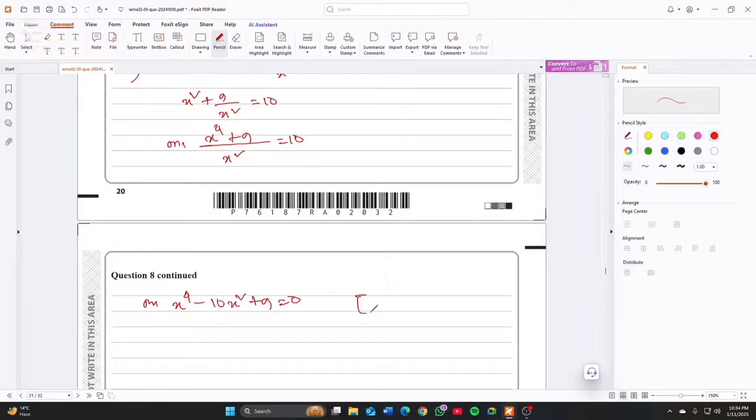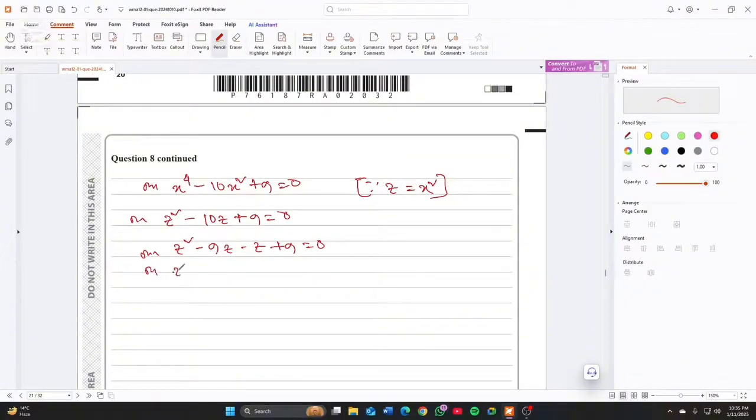So in place of x squared we can write z, so z squared minus 10z plus 9 equals 0. Or z squared minus, breaking the middle term, for 9 ones are 9, so we can write 9z minus z plus 9 equals 0.